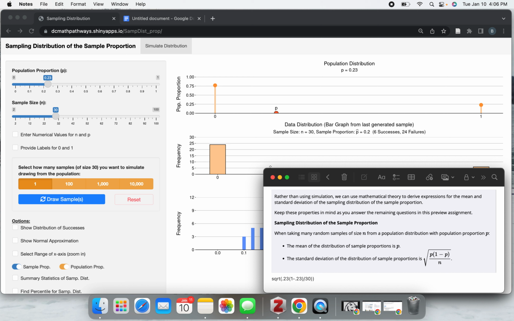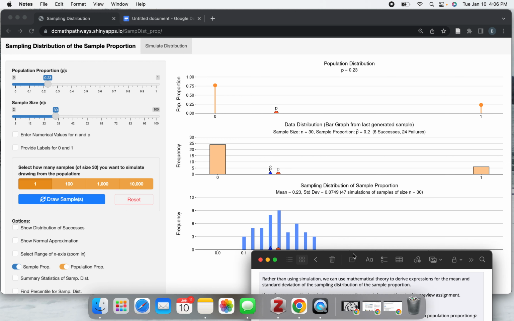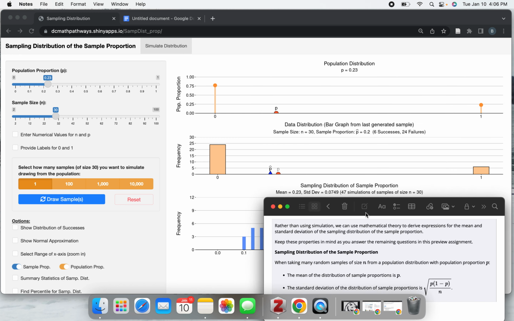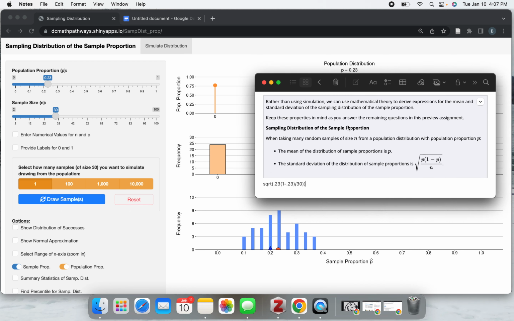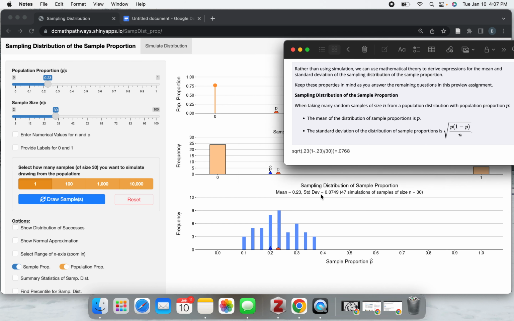So I'll give you a chance to go ahead and do that. And you should end up with something very similar to what we have for the standard deviation. So what I ended up with is 0.0768, which is very close to the 0.07 we had in our simulation.